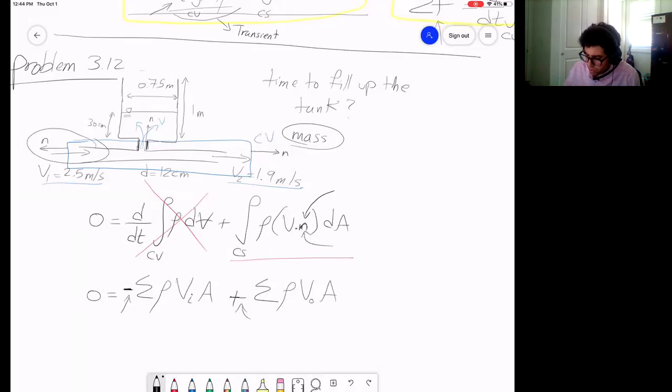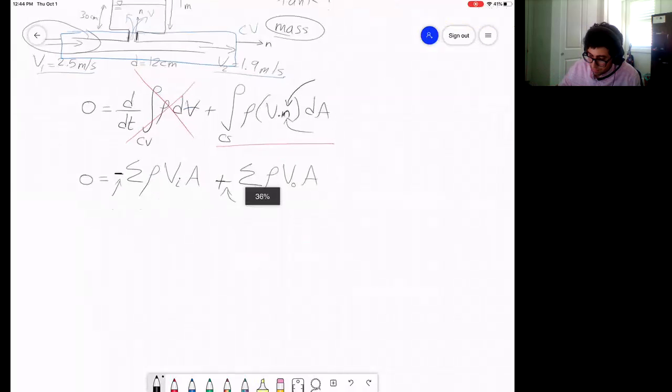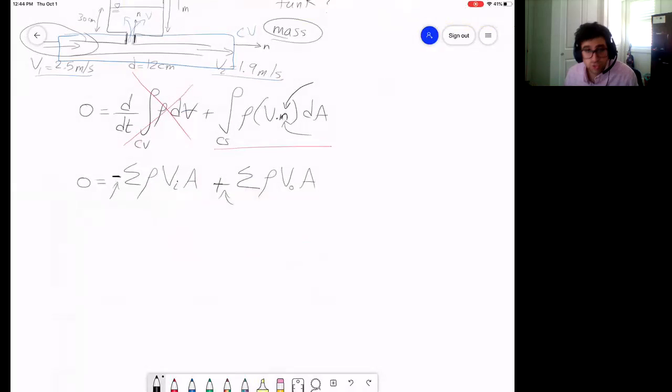So let's do this. How would you solve this? How many inlets do you have? We have one. So you can rewrite this as density times V1A1. What about outlets?